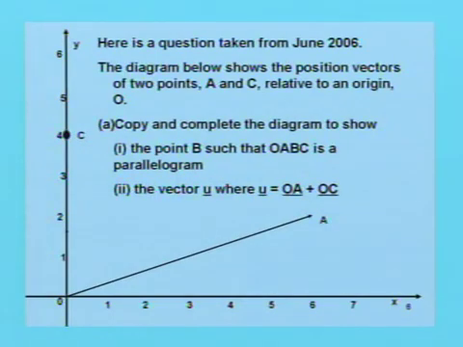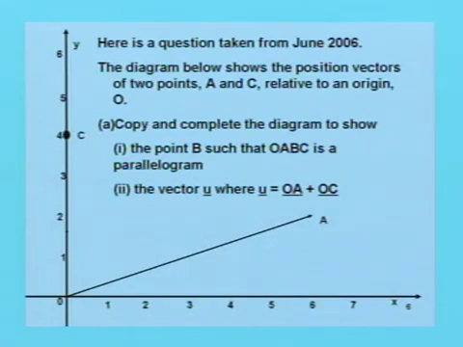Here's a question taken from June 2006 CXC Maths paper. The diagram below shows the position vectors of 2 points A and C relative to an origin O. Part A of the question.